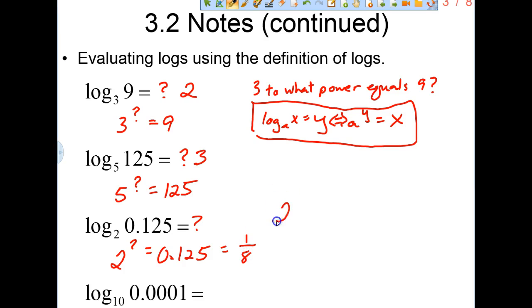So now we're asking 2 to what power is 1/8? So now you recall that 2 to the third is 8. So what does that mean? Well, this is really like 8 to the negative first, isn't it? So 2 to what power is 8? Well, of course, that's the third.